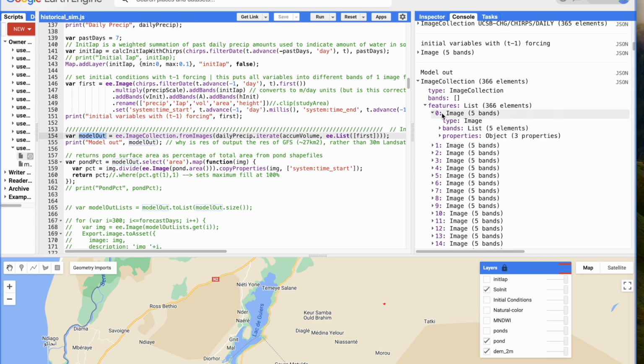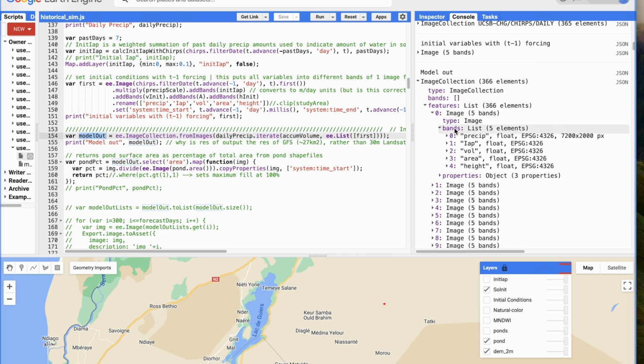Each image in this image collection has these 5 bands associated with it, which give you the area, again based on the MNDWI that we saw earlier, the height information, and the volume information, as well as the precipitation and your initial moisture condition.